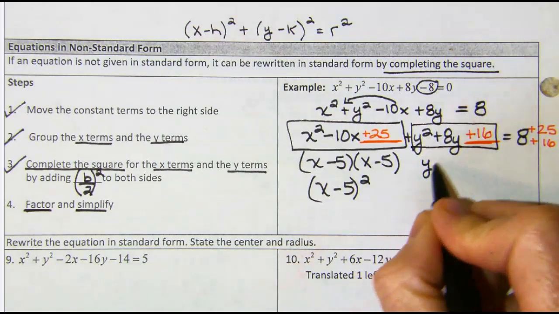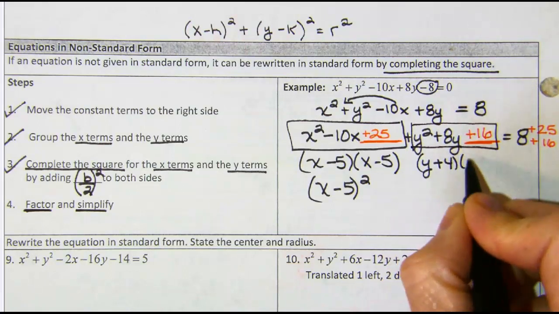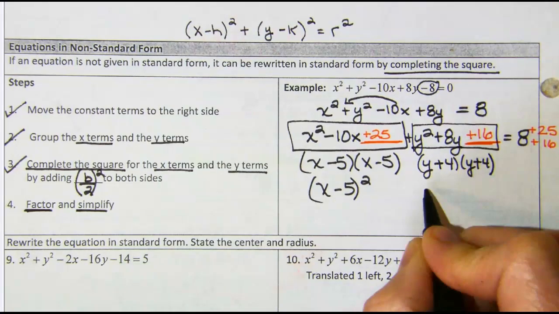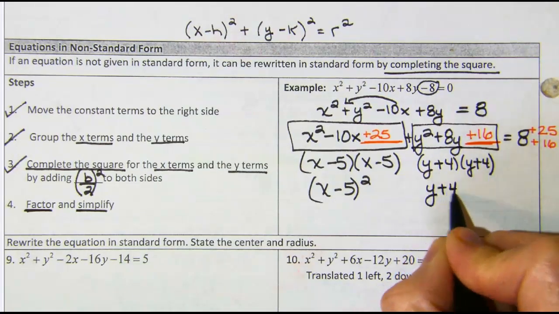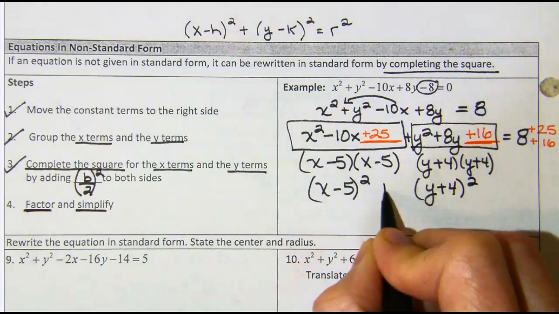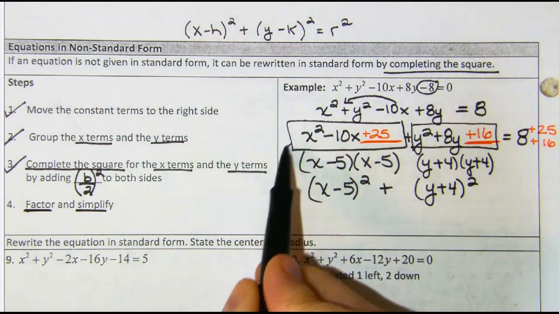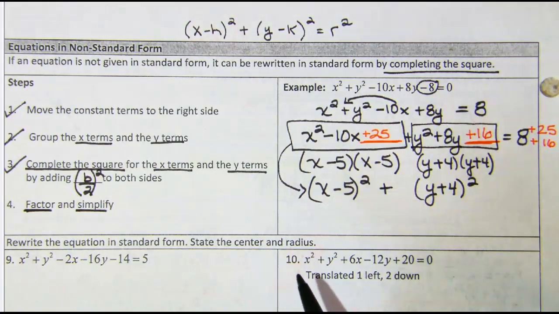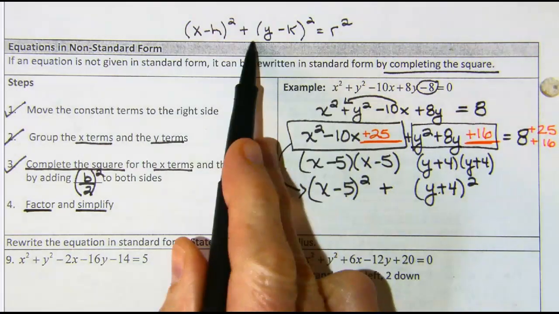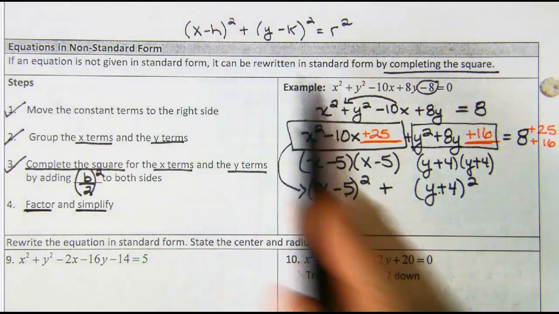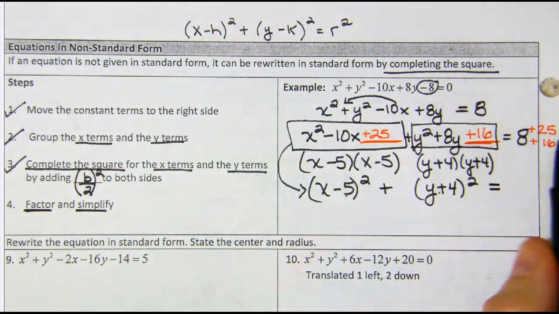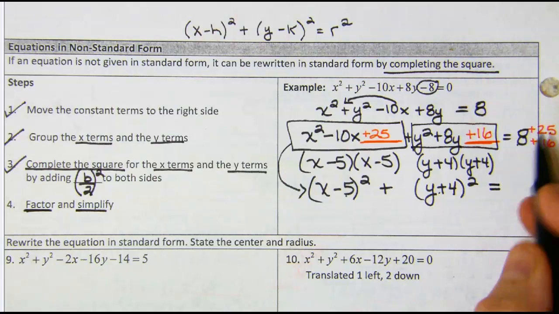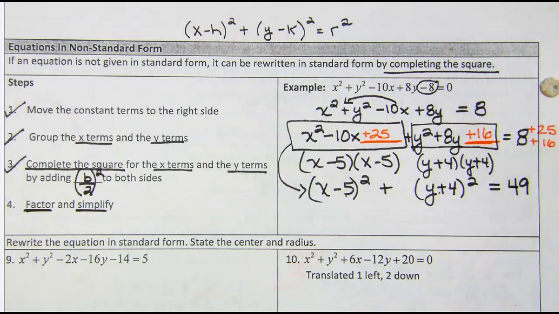This is y plus 4, y plus 4. So this is (y plus 4) squared. So this part now becomes this, and if you'll notice, this now looks like the standard form up here. This is equal to 8 plus 25 plus 16. Add those up, you will get 49.